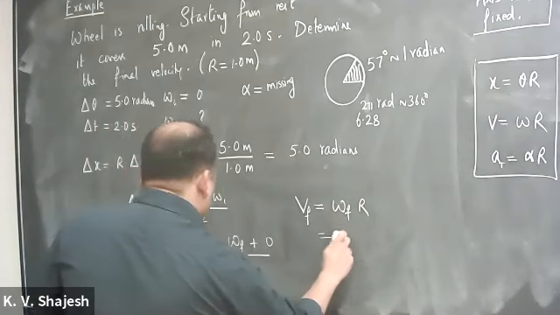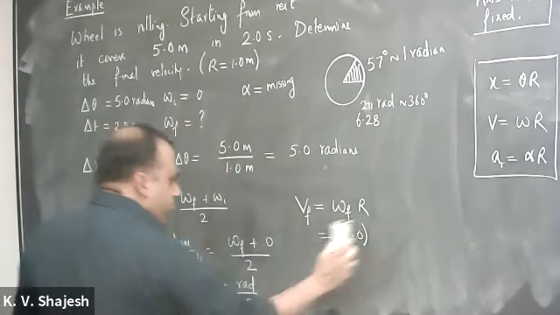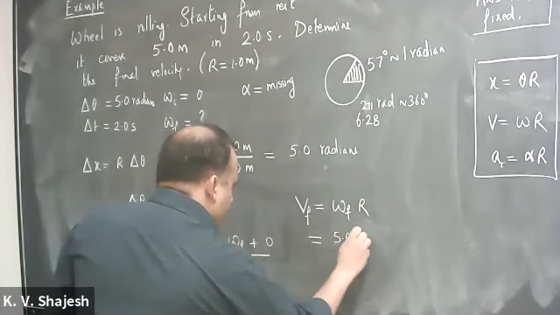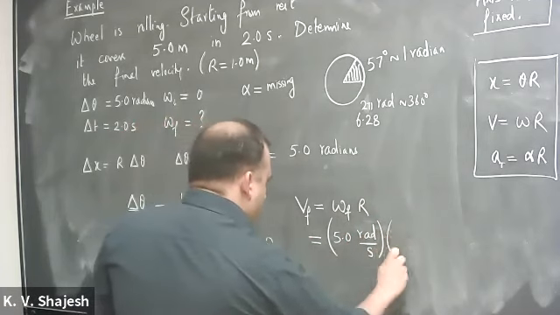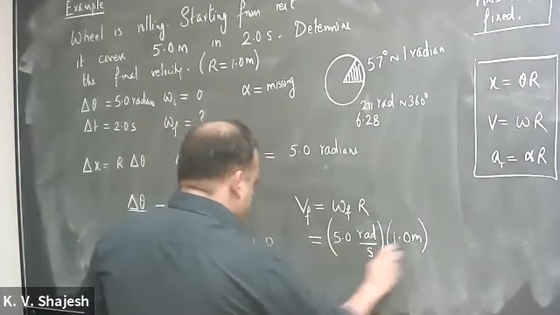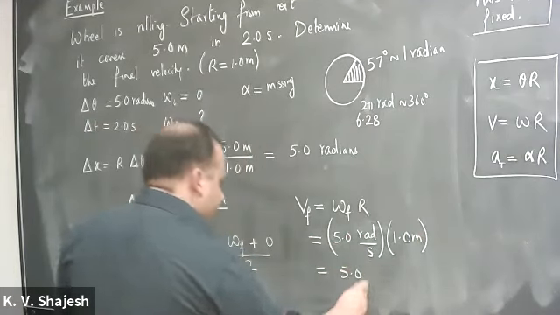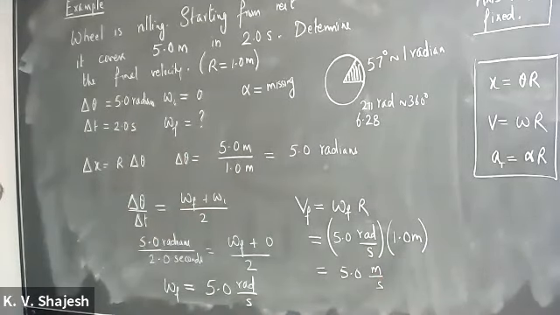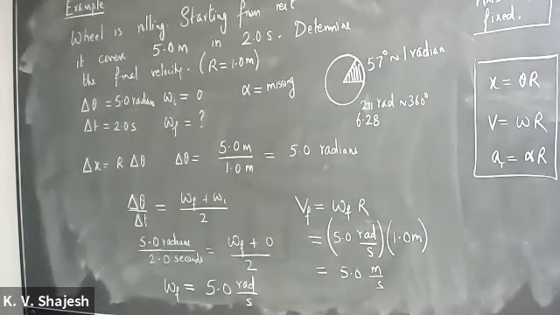That's equal to 5.0 radians per second times 1 meter, so 5.0 radians meter per second, but you drop the radians at this stage. When it comes to translational quantities, you forget the radians, but when it comes to rotational quantities, you keep the unit radians.